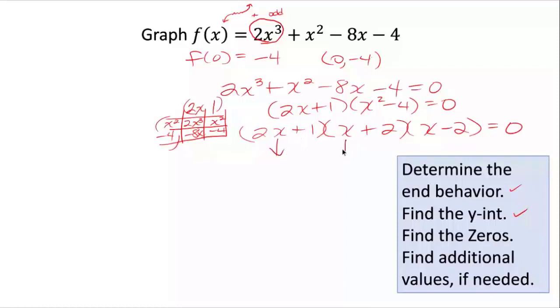Looking at the zeros of these, this one, what would make this particular parentheses equal 0? x would be -1/2. And I just do that for each one of them. So I have 3 different zeros, and they all have a multiplicity of 1, which means this graph is going to cross the x-axis in all 3 of these places.